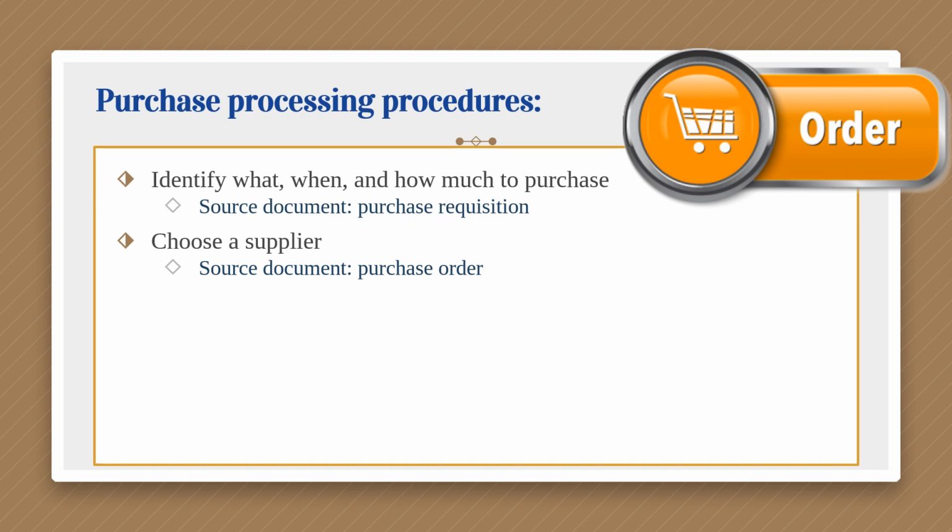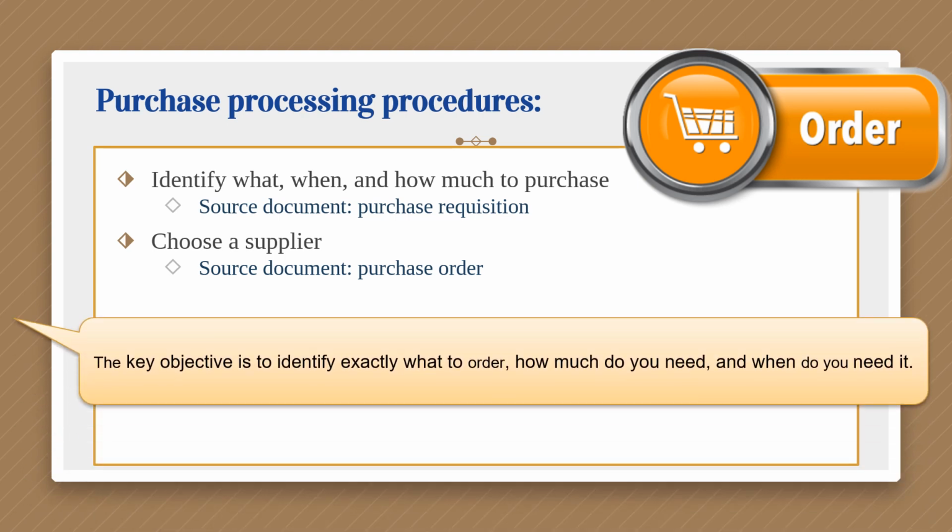Choose the suppliers, and normally we choose the supplier from an approved pre-list of suppliers, if we have one. The source document here is the purchase order, and the key objective is to identify exactly what to order, how much you need, and when you need it.